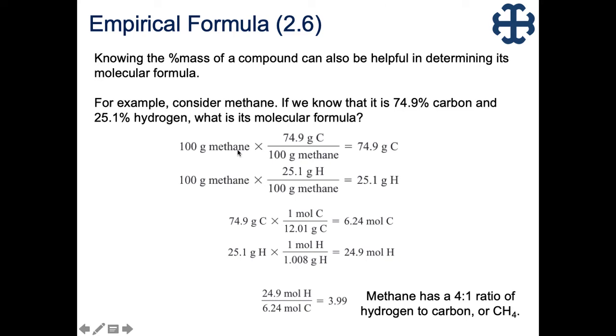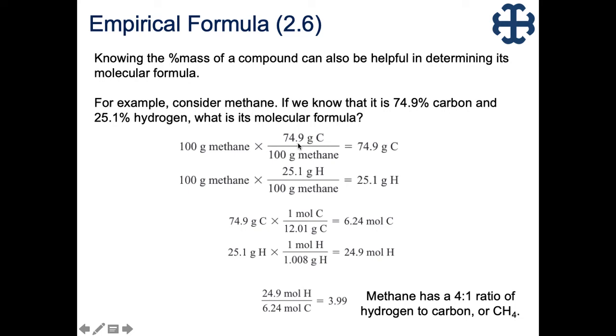We can start step one by taking 100 grams of methane, and this is one that always trips students up, but basically we're doing the opposite. Say we have 100 grams of methane, just pulling that number out because it's a nice round number, and the percentage that we have is 74.9%, so we set this up as a ratio.